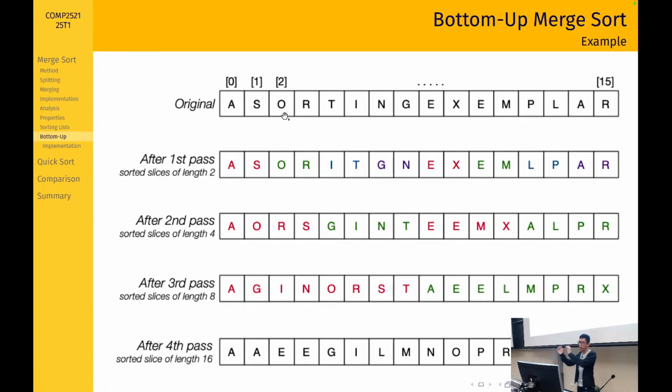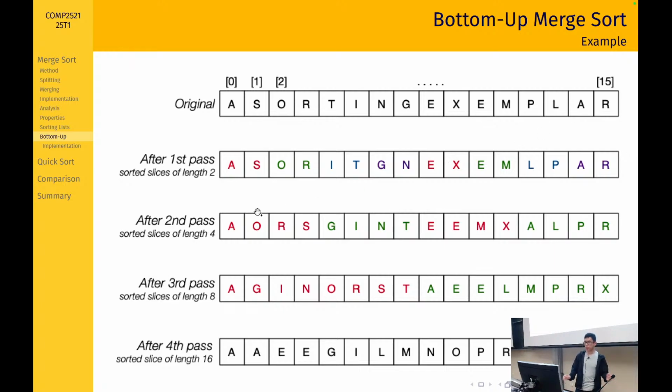So it takes pairs of arrays of size 1, right, and then it merges them into sorted arrays of size 2 like we have here. So we have AS, OR, and here we have TI, but if we sort those it becomes IT, right? And with NG that becomes GN, and EX, and EM, and LP, and then AR, okay?